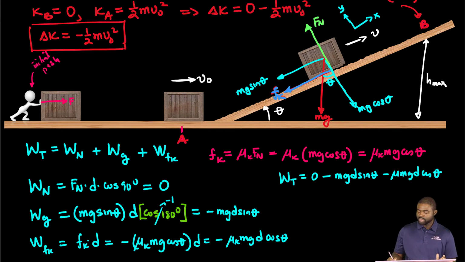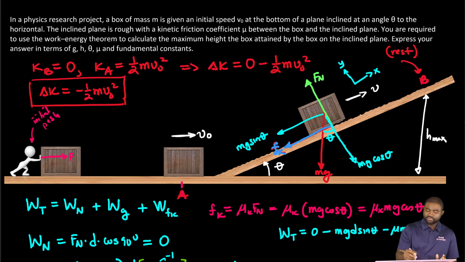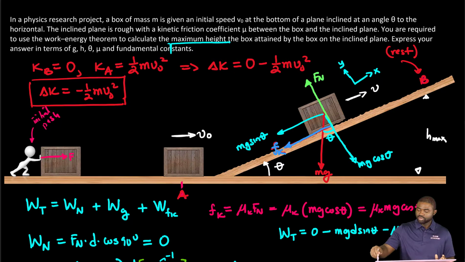We can factorize this out, but remember, we have been asked to calculate the maximum height. In other words, we have been asked to determine this distance, the maximum height, h max.